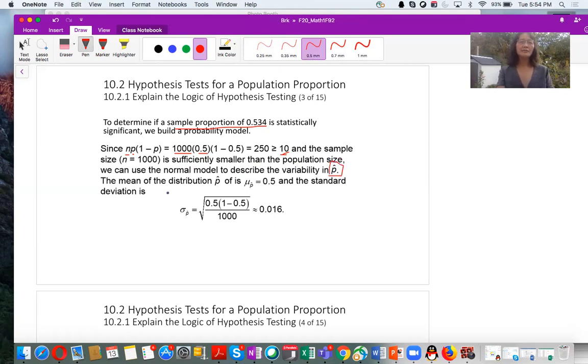The mean of the sample proportion p-hat is 0.5, equal to the population proportion, and the standard deviation equals the square root of p times 1 minus p over the sample size. This is the central limit theorem.